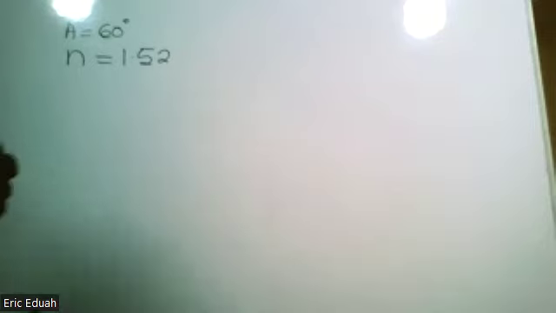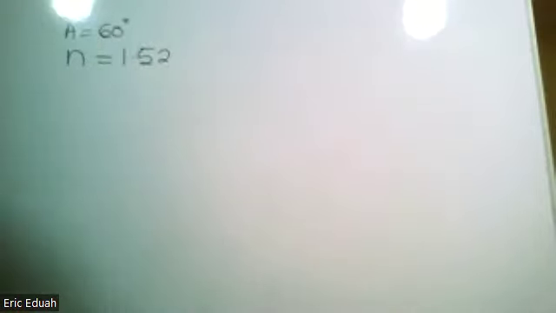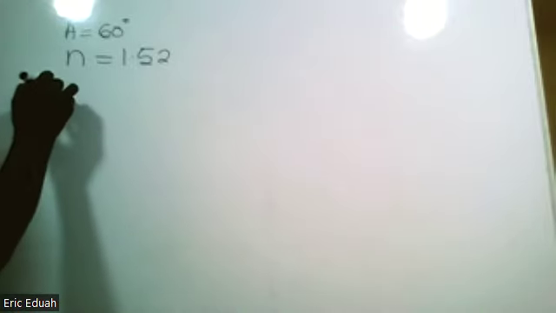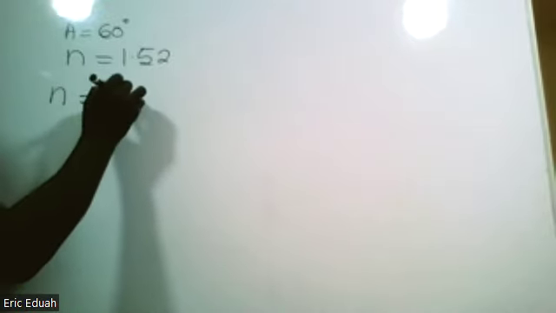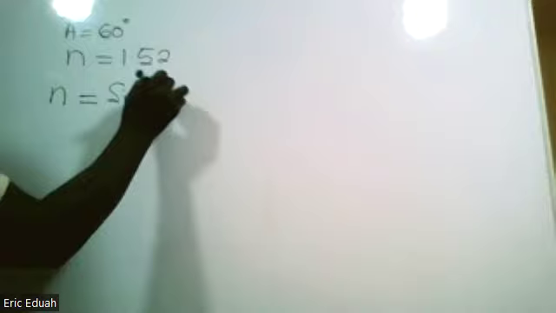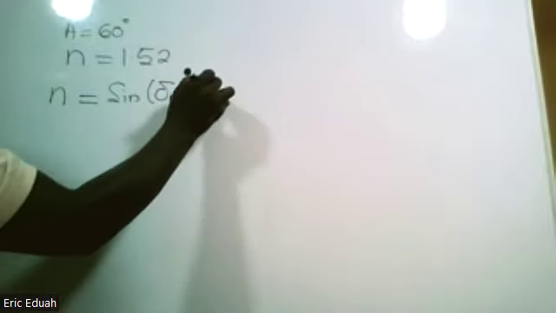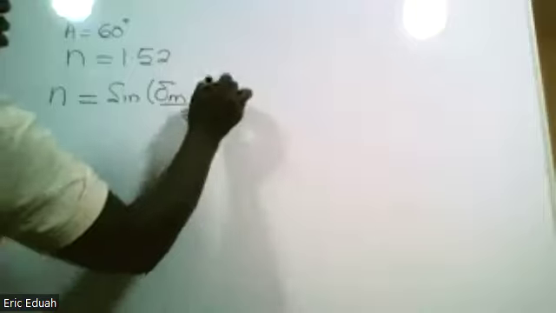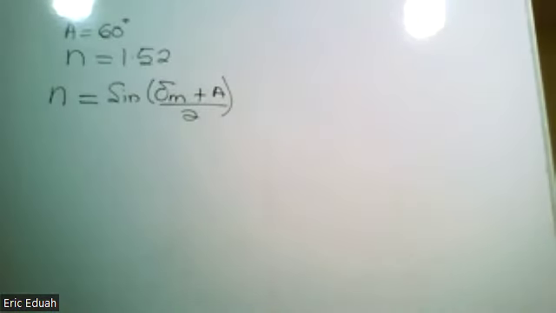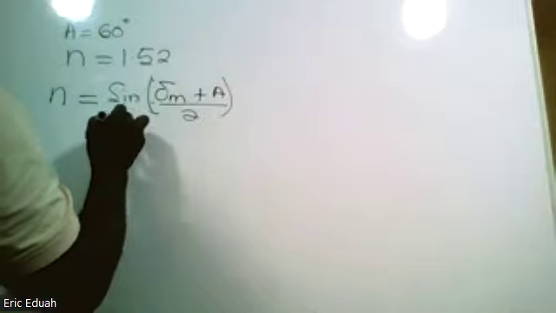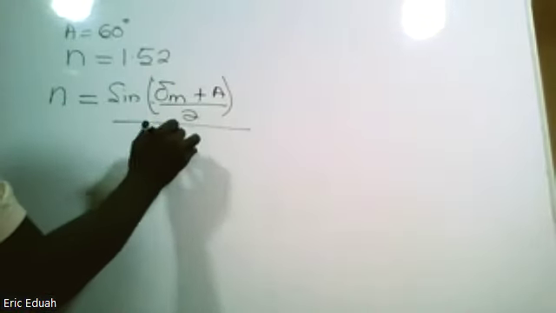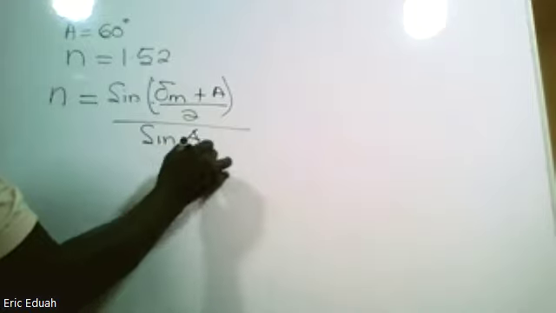So once there is the use of the word minimum, then we are at that point. How does refractive index relate to minimum deviation? That's n equals sine of (minimum deviation plus A) over 2, all divided by sine of A on 2.